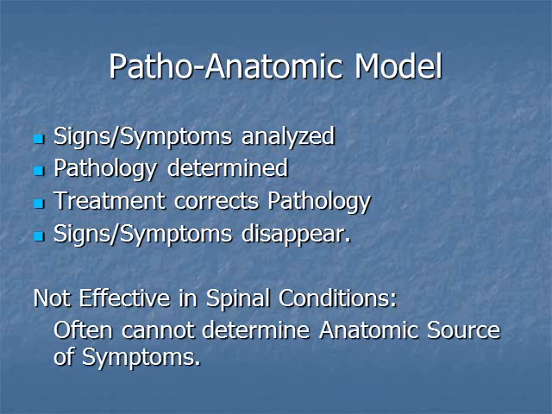We often cannot determine a specific anatomical source of symptoms. Pathology seen on imaging is oftentimes not related to pain or disability levels. And in general, this model has led to a whole lot of unnecessary costs, particularly in terms of imaging and even surgery.